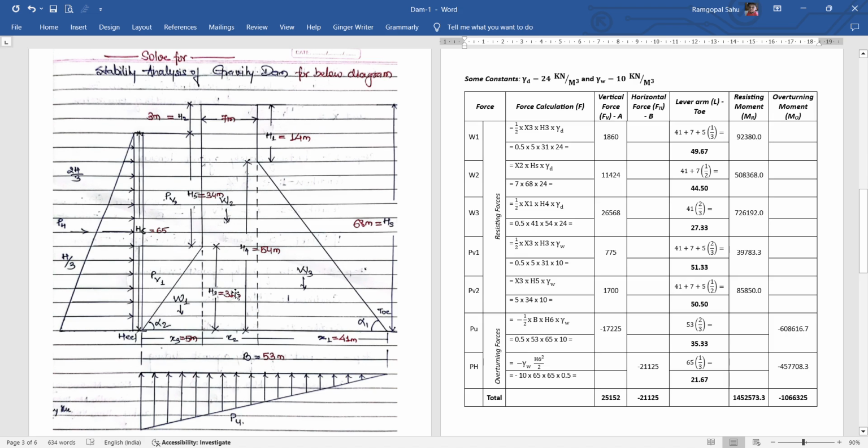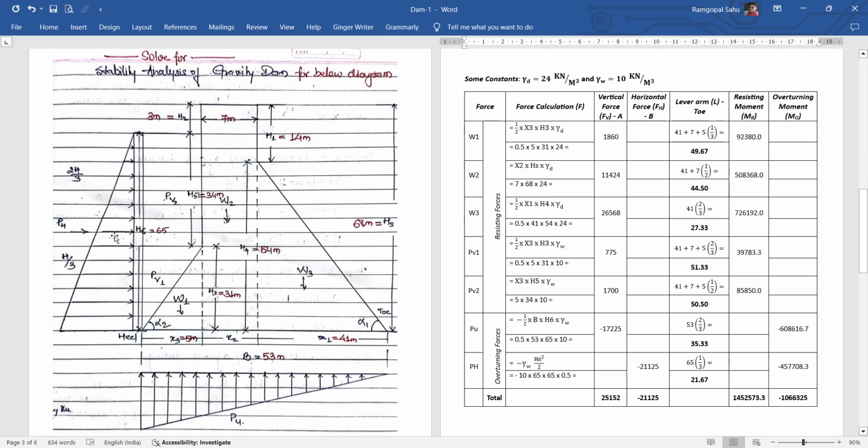Now the weight forces due to the water, that is PV1 and PV2, are acting on the dam body section W1. So these two will be the vertical forces acting on the dam section, PV1 and PV2. Next we have the uplift pressure, PU, which is acting against the dam body.